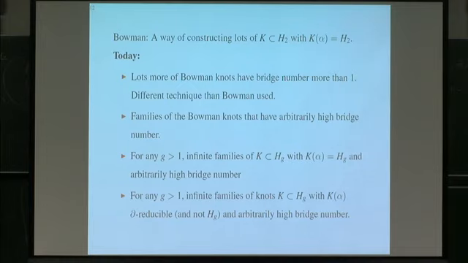And then I also want to give examples in higher genus handlebodies, knots that admit handlebody surgeries that have arbitrarily large bridge number. And again, in handlebodies of arbitrary genus, I want to give some examples of boundary reducing knots that admit boundary reducing surgeries but not handlebody surgeries that again have arbitrarily large bridge number.